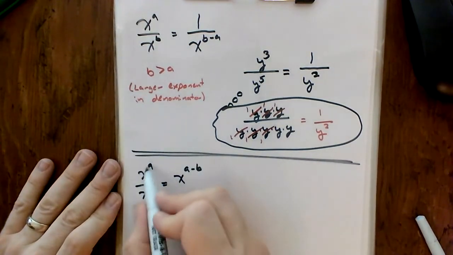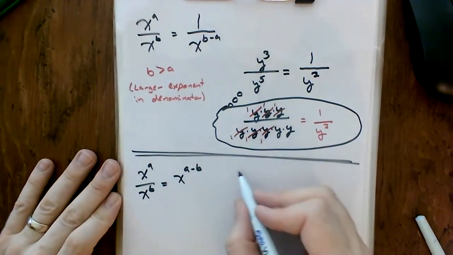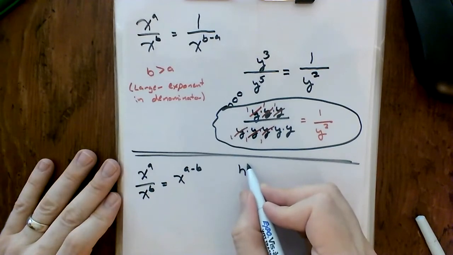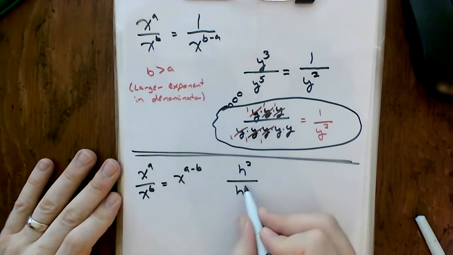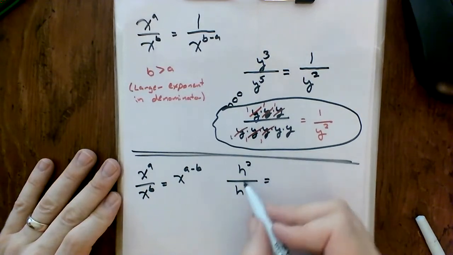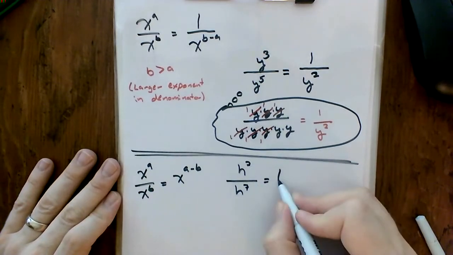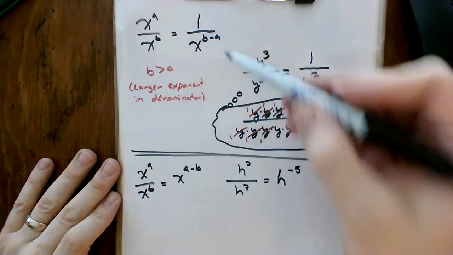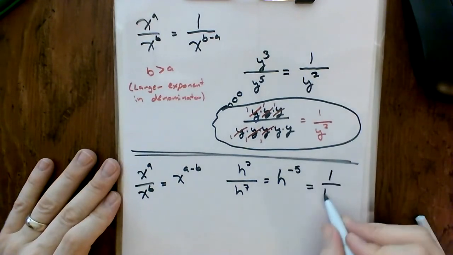But if a is smaller, then this is going to be a negative exponent. So for example, say I've got h squared over h to the 7th. Now 2 minus 7, that could be h to the negative 5th power. Now if I apply this rule, we'd also see this is going to be the same thing as 1 over h to the 5th.